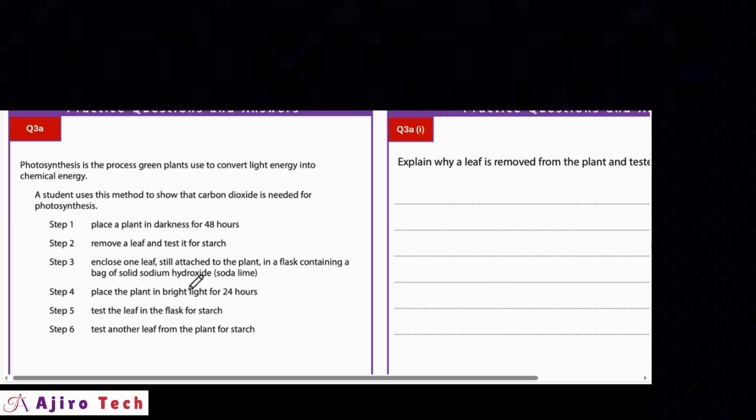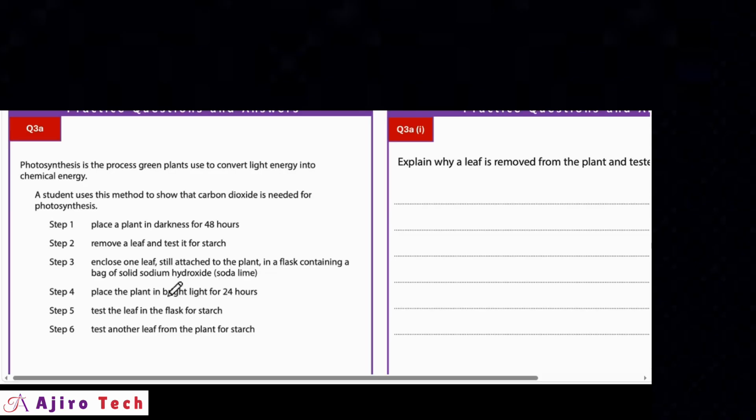We are doing that because we want to carry out an investigation, and the independent variable, according to what the student uses this to show, is that carbon dioxide is needed. So meaning that we vary carbon dioxide concentration. Either we look at the presence or the absence of carbon dioxide. So what we are looking at is actually the effect of carbon dioxide on the rate of photosynthesis. So meaning that carbon dioxide is going to be our independent variable.